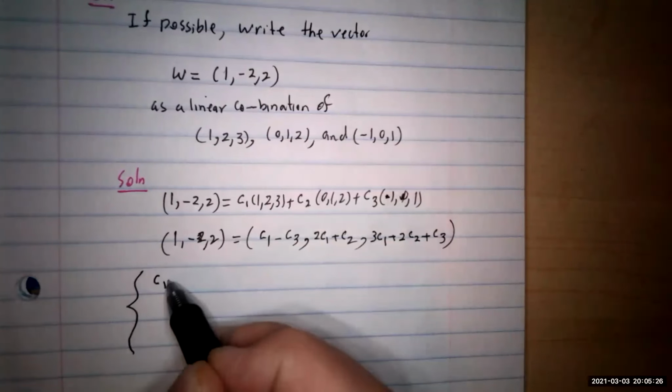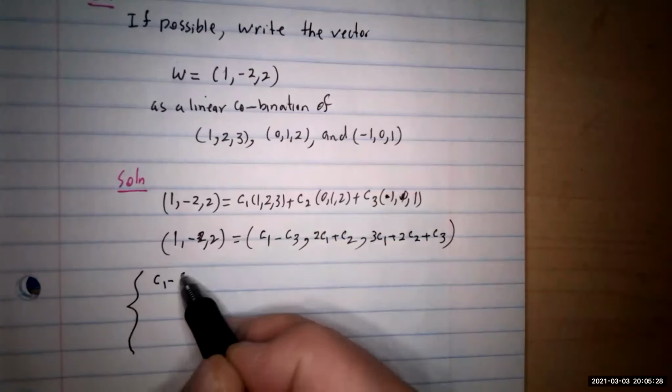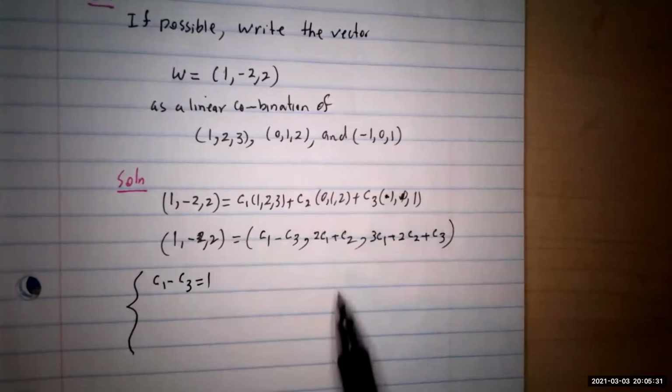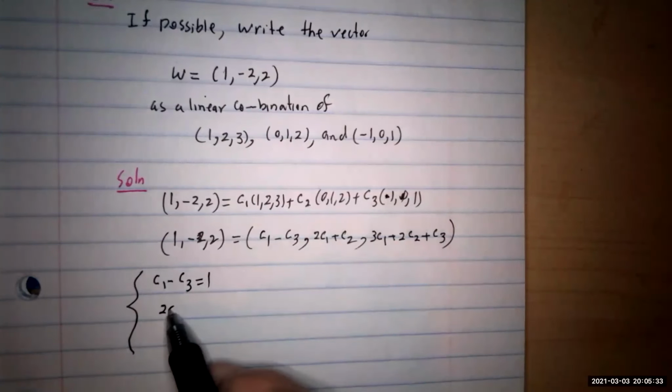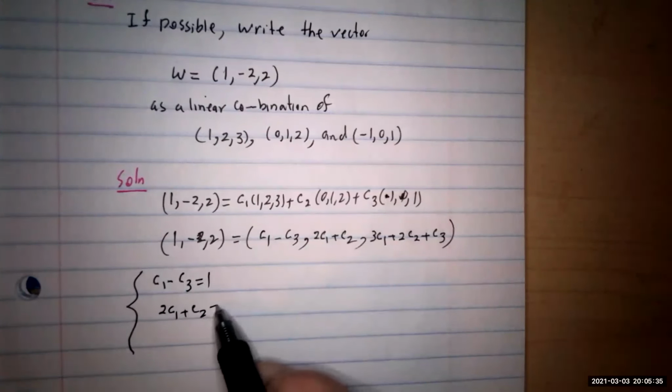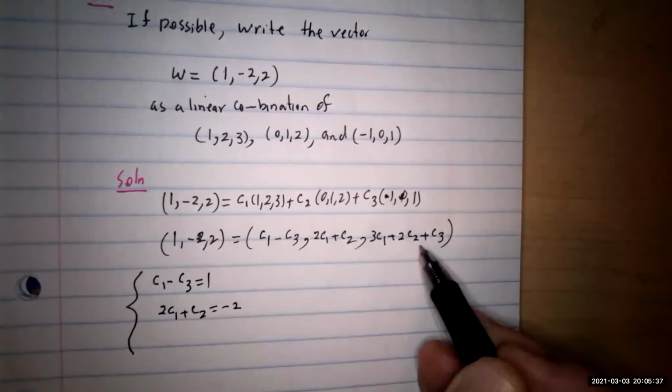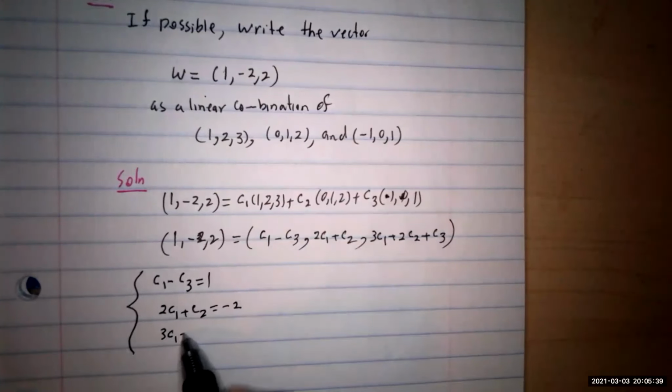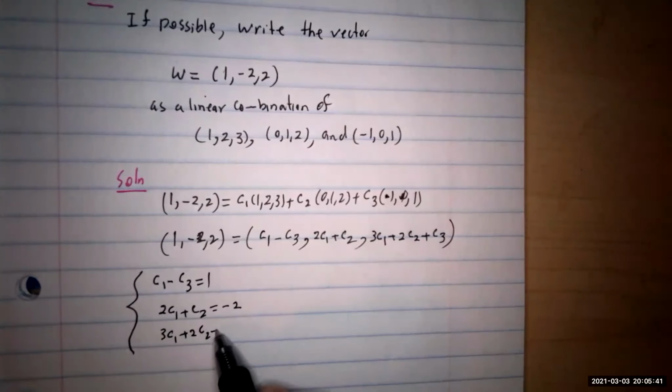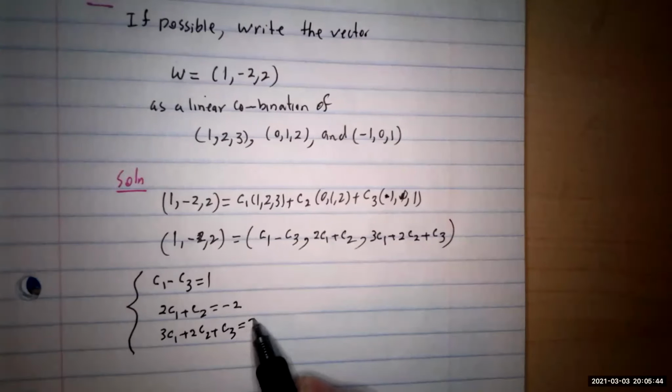So you have C1 minus C3 equal to 1. You have 2C1 plus C2 equal to -2. And the last one, 3C1, 2C2 plus C3 equal to 2 this time.